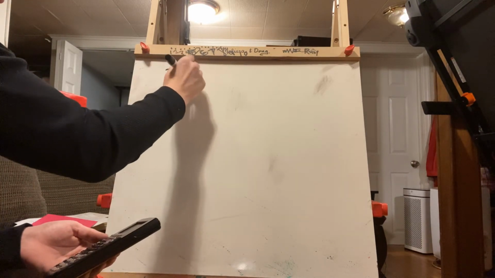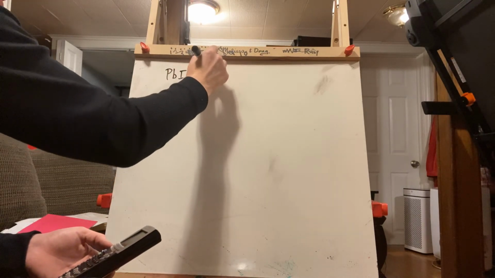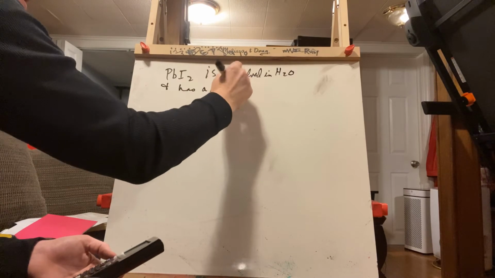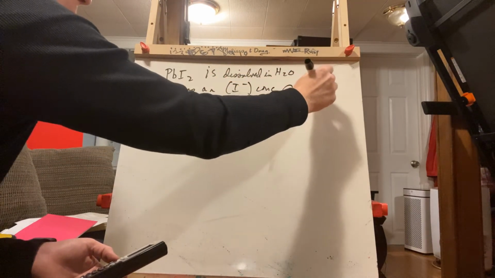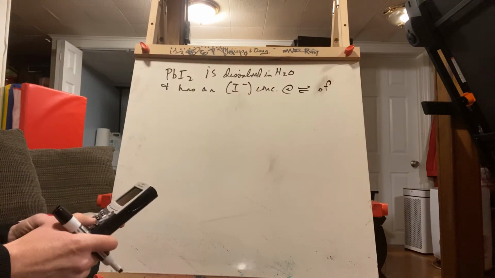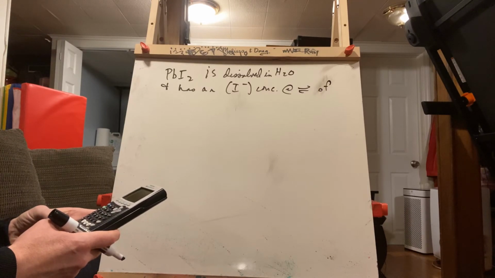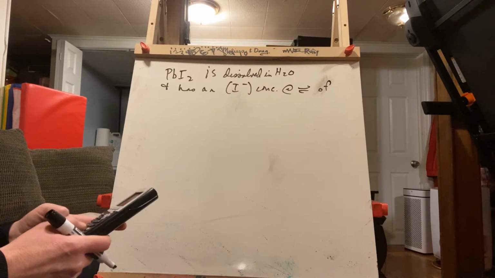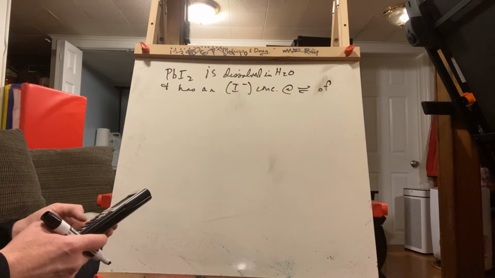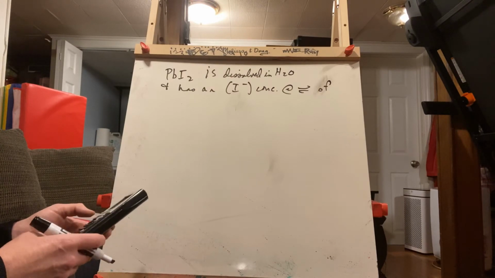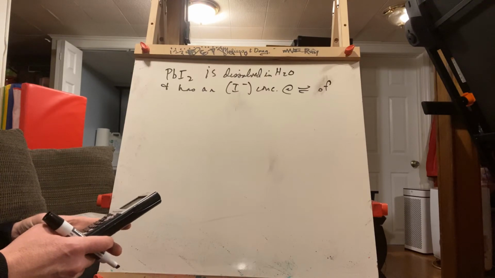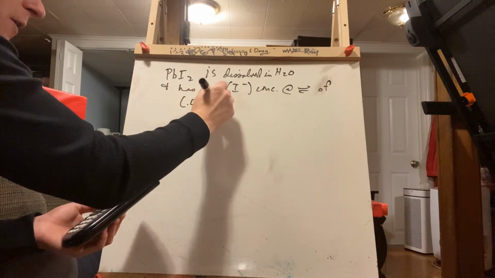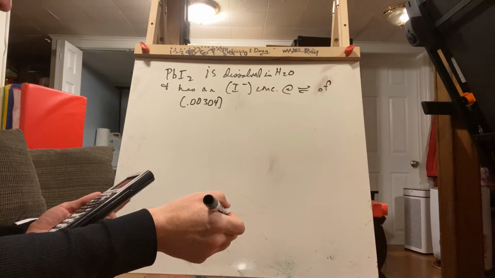We're going to say PbI2 is dissolved in water and has an I minus concentration at equilibrium of, and now I do have to do a little bit of calculating, 0.00304, I think. I think I did that right.